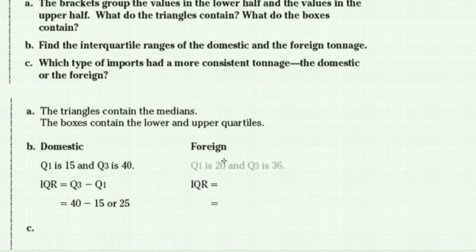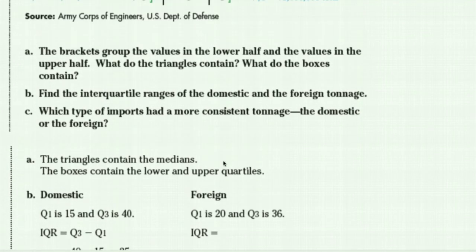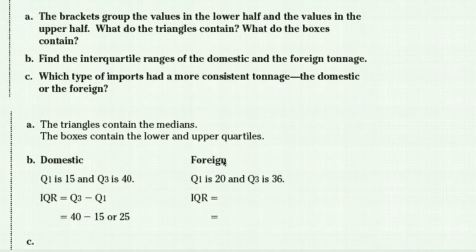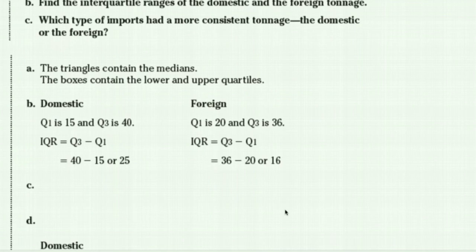In our foreign data, you have 36 and 20. 20 is our Q1, 36 is our Q3. Our IQR therefore would be Q3 minus Q1, or simply 36 minus 20, which is 16.